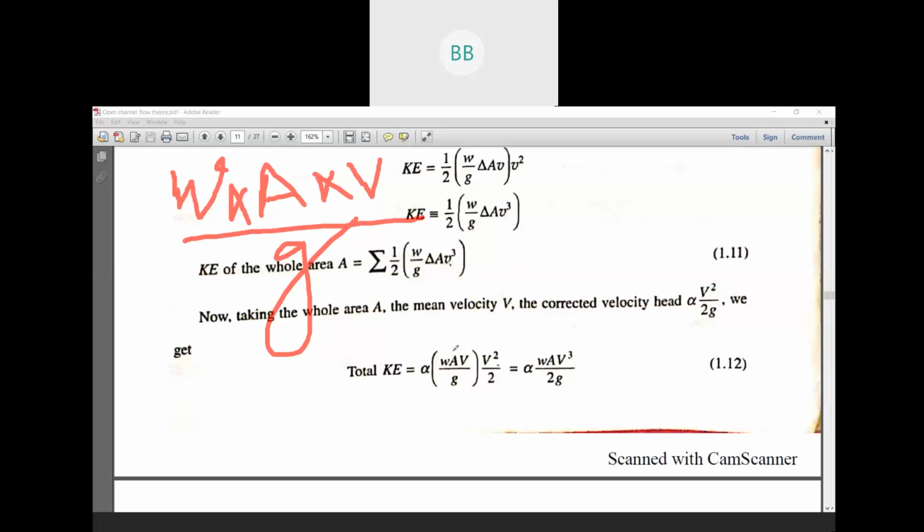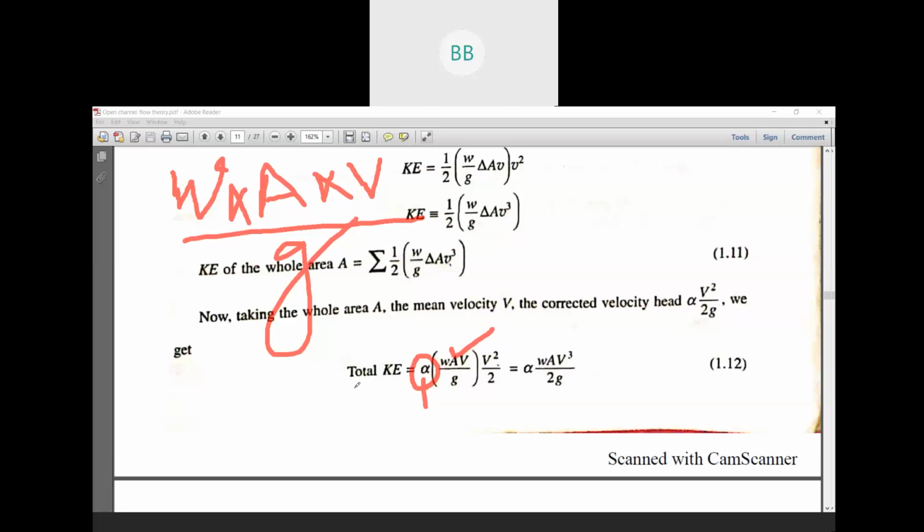So this is your mass. As this velocity is not constant, we multiply by a coefficient called alpha, and our intention is to find the expression for this alpha. So in place of mass, we have substituted specific weight multiplied by area multiplied by velocity divided by acceleration due to gravity, multiplied by alpha.